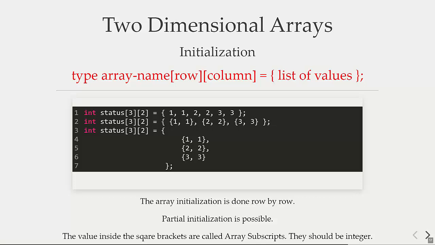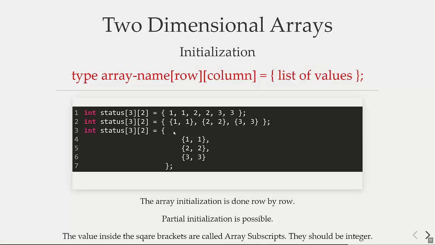Here we say it's an array with curly braces, and inside that we say the first row has values 1 comma 1, the second row has values 2 comma 2, the third row has values 3 comma 3. We separate each row with curly braces again. This is a good practice to do in a single line.